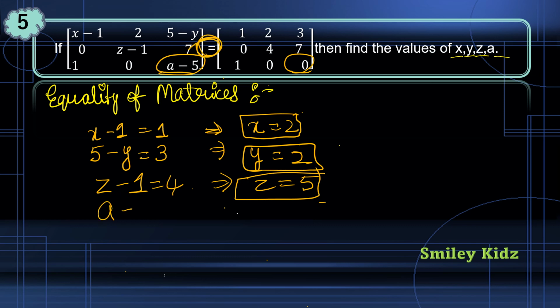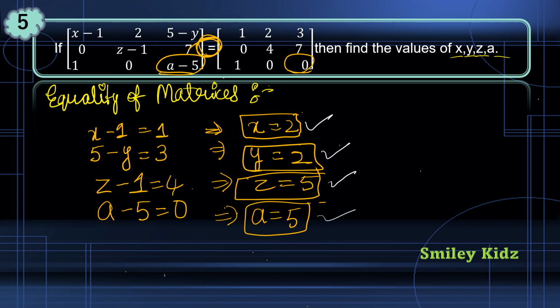So a minus 5 equals 0. a will be equal to 0 plus 5, that is equal to 5. Now that is what we wanted to find, right? x equals 2, y equals 2, z equals 5 and a equals 5. If you're unsure about your answer, you can simply substitute in these values and equate them, and necessary verification can be done.